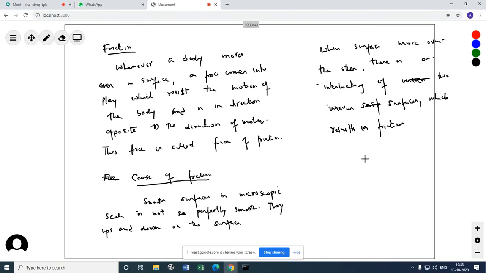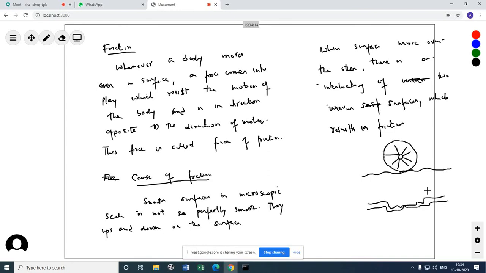So you can see this is the uneven surface. If this is a wheel, what will happen to the wheel? They will get interlocked, no? And if I show you in a much deeper way, you will see that this is one surface and this is another surface.